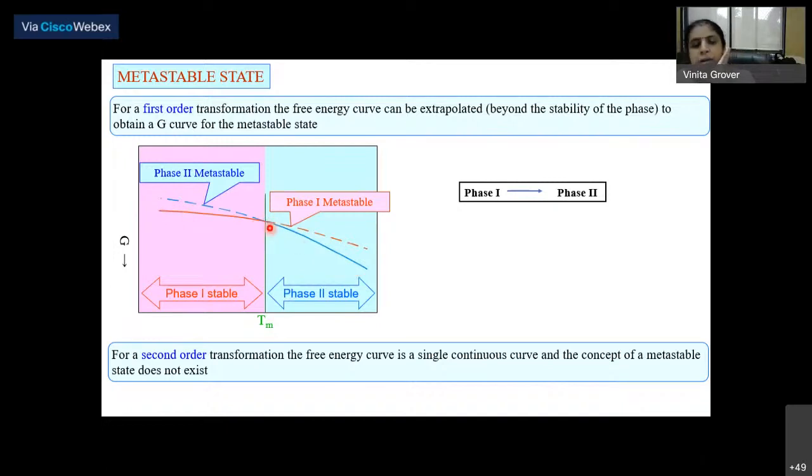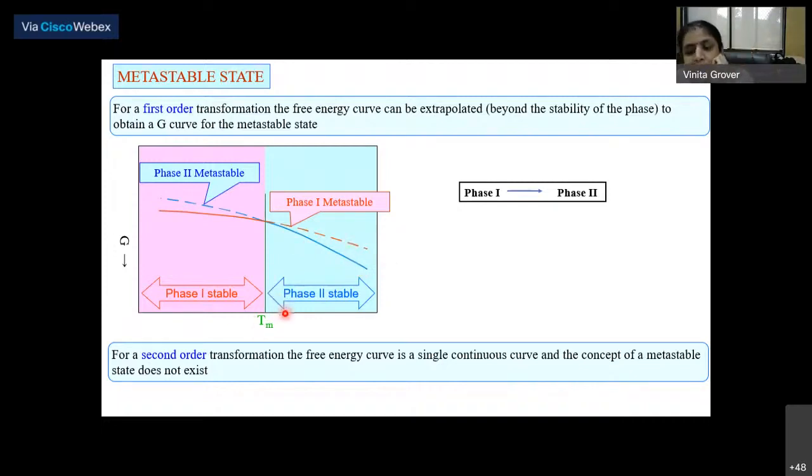This way, which shows in this region, phase 1 is stable because its free energy is lower than 2. In this region, phase 2 is stable because its free energy is lower than phase 1. And that is why we observe a phase transition at Tm.